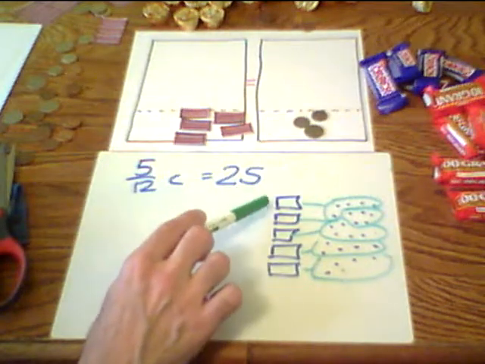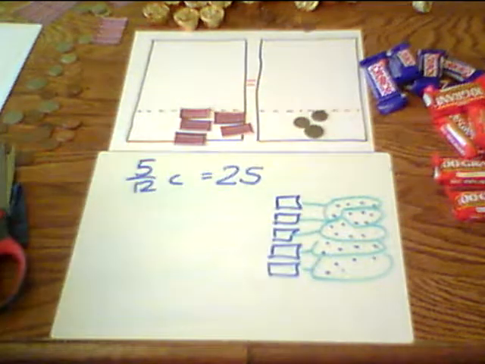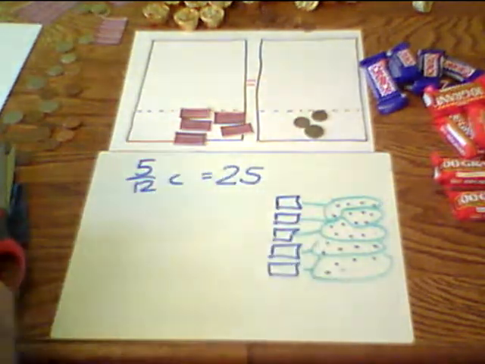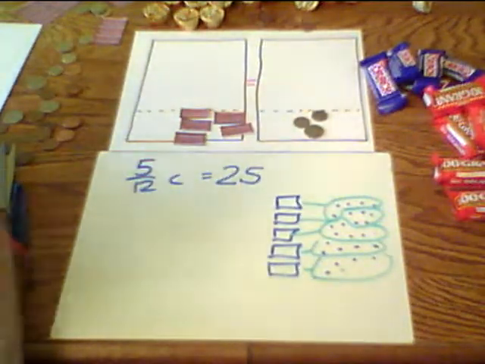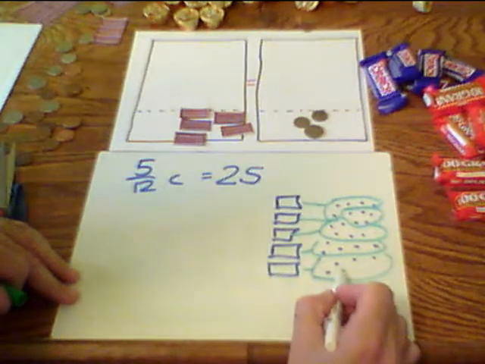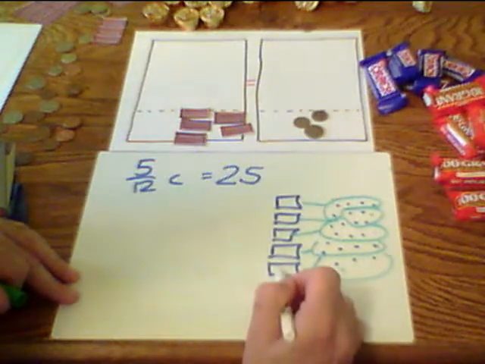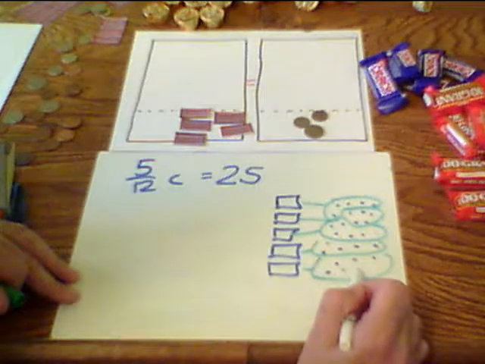Why 5? Because I have 5 little units. Where would that be? That would be up here. Okay, so I break it into 5, I line them up, and then I can say that means 1/12, one of these is worth 5. So 12 of these would be worth 12 times 5, or 60.